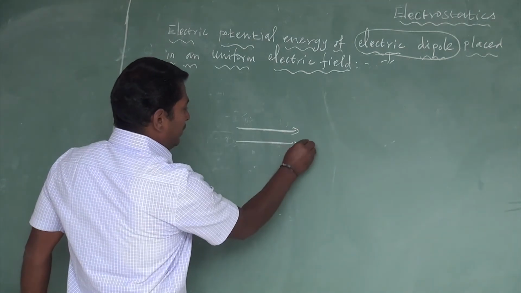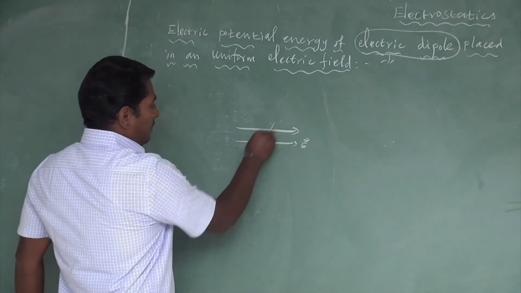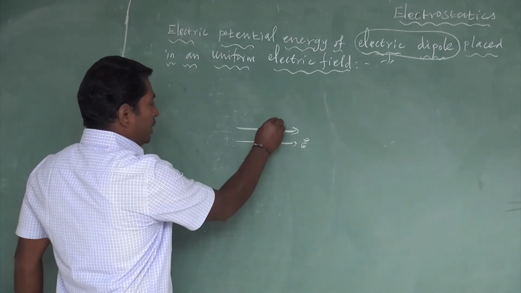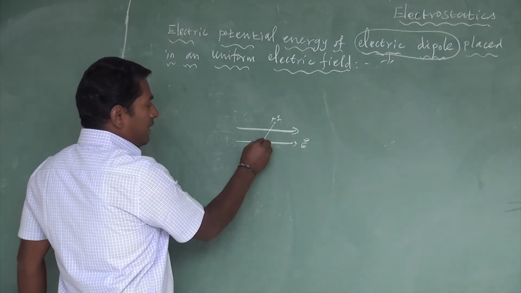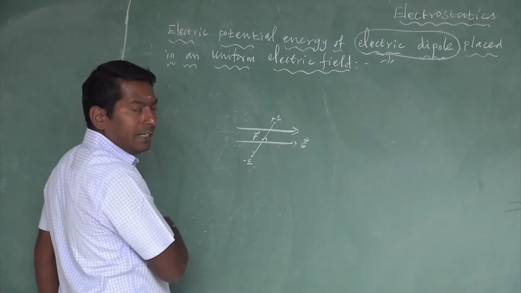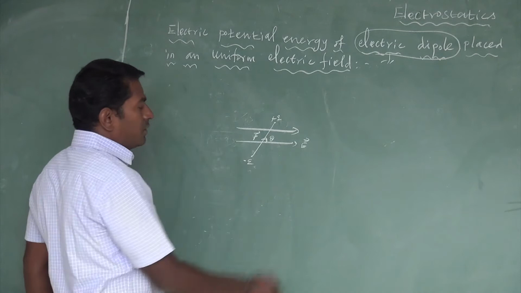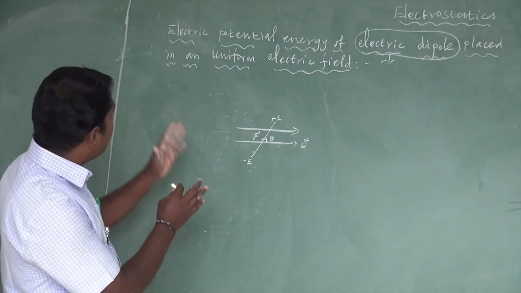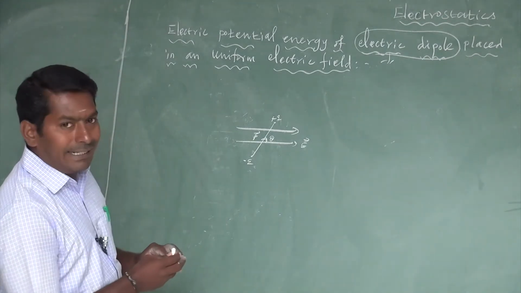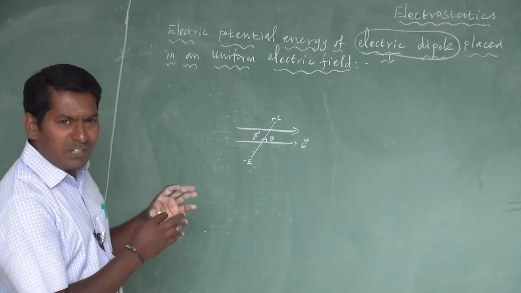See the uniform electric field, the electric dipole, minus q charge and plus q charge, the direction of the electric dipole moment P vector, and the direction of the dipole moment makes the theta angle with the direction of the electric field. At this position, what is the electric potential energy of the electric dipole?